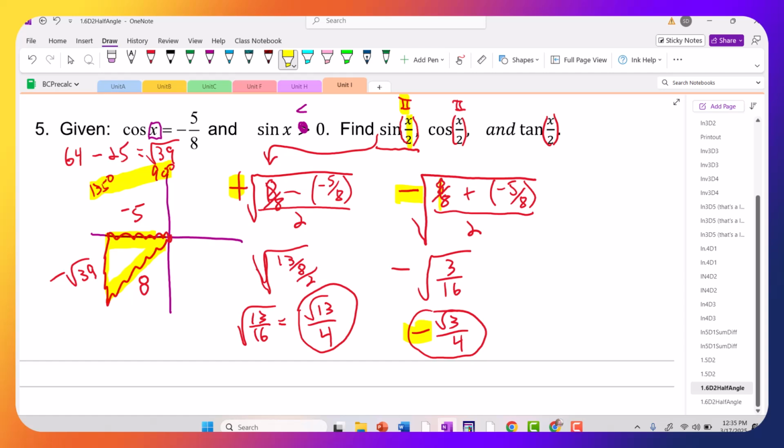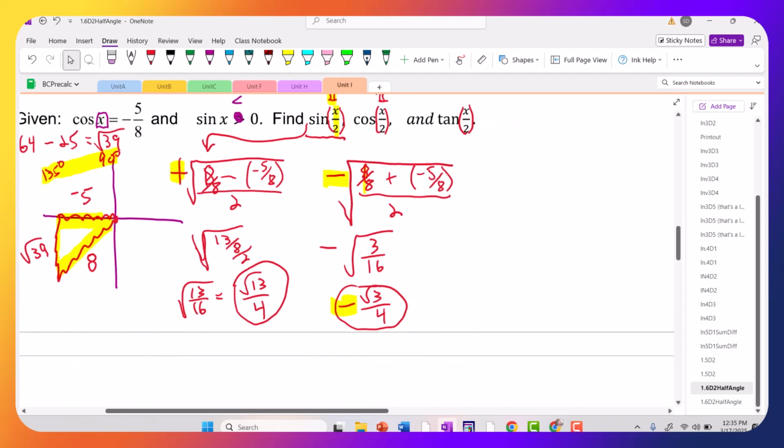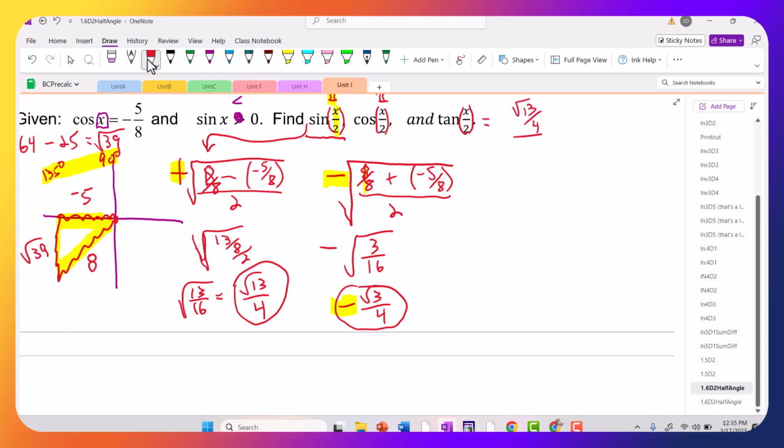You know how you find tan? What's tan? Tan is sine over cosine. Why wouldn't you just do this then? Root 13 over 4 divided by negative root 3 over 4. By the way, what's tan in quadrant 2? Positive or negative? Didn't it naturally happen?